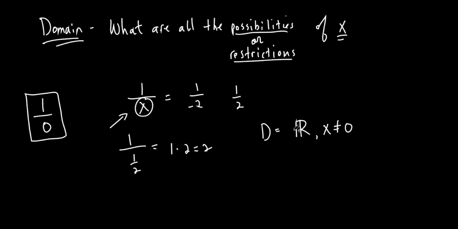So the domain could be any number at all except for x cannot equal 0. That's your domain. So you're telling the person, what numbers can you put in for x? Oh, you can put in any number. Well, wait a minute. Except for one thing. You just can't put a 0 in for it. Make sense?